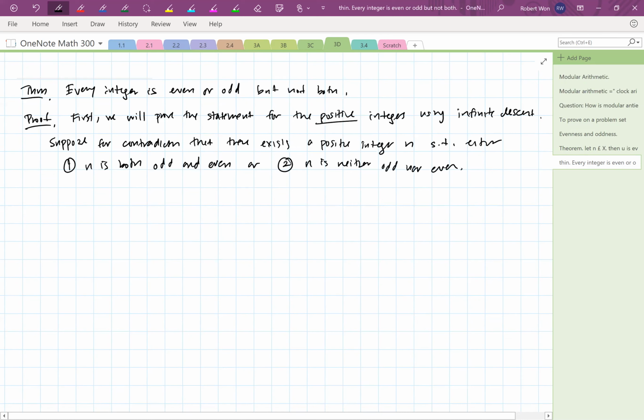I'm trying to prove that every positive integer is even or odd, but not both. So let's suppose that I have something that's either both or neither, and try to prove that this doesn't exist.